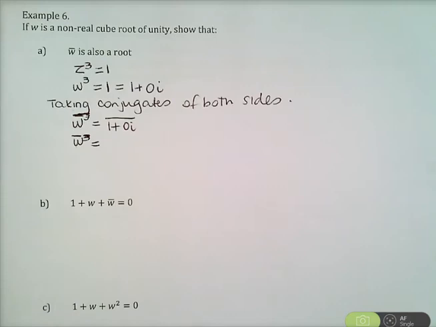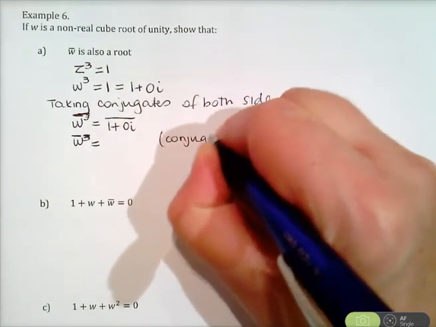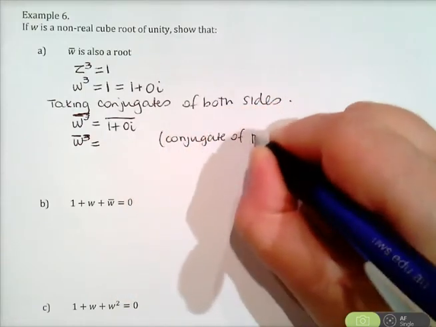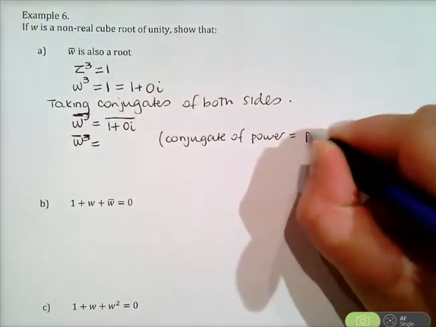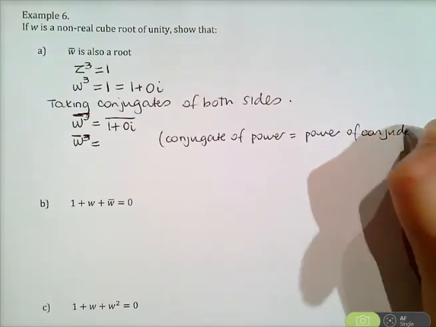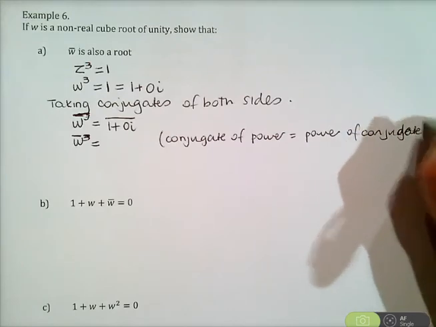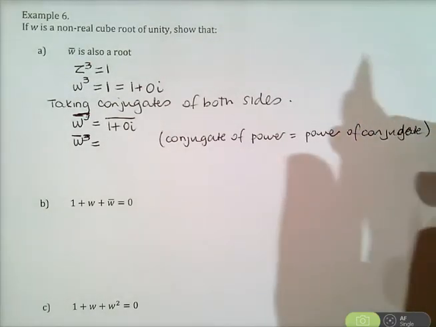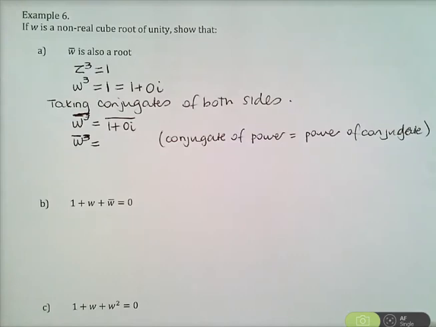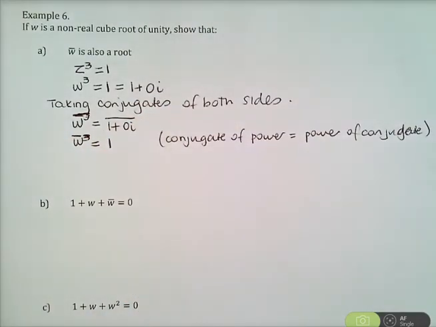That's because the conjugate of a power equals the power of the conjugate. Now the conjugate of 1 plus 0i is the same as 1 minus 0i, which happens just to be 1.